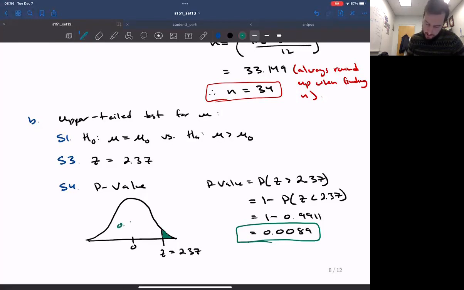So the value in the table would be the size of this white unshaded part here. I want the green shaded area here. Everything underneath the curve must be equal to 1. So in order to get the part that I want, I need to subtract the area to the left from 1.